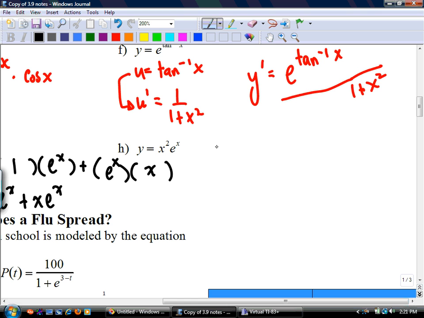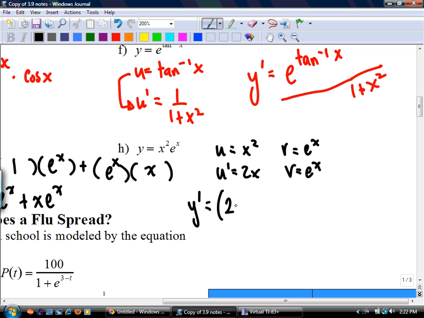Product rule! The derivative of the first times the second plus the derivative of the second times the first.